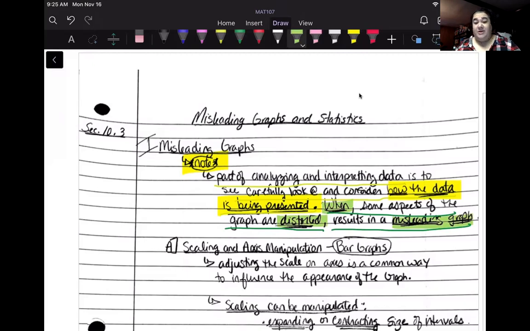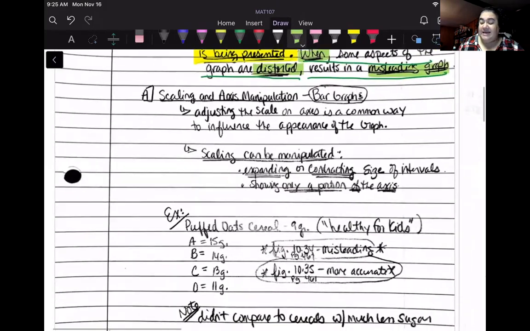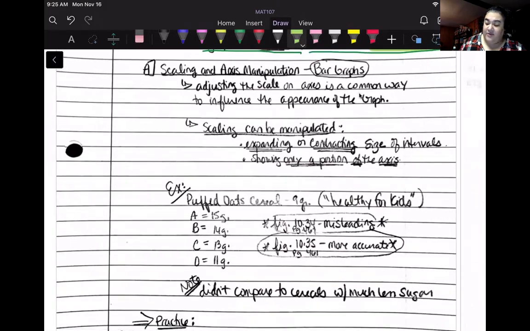and does not give you accurate information. So the first example that we're going to look at is scaling and manipulation of the axis. Okay, so scaling and axis manipulation. This is easiest to see in bar graphs. So those are the examples we're going to look at. Okay, now what is scaling and manipulation? It is when you adjust the scale on the axes in such a way that it influences the appearance of the graph.